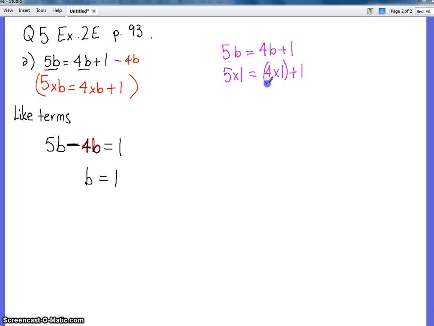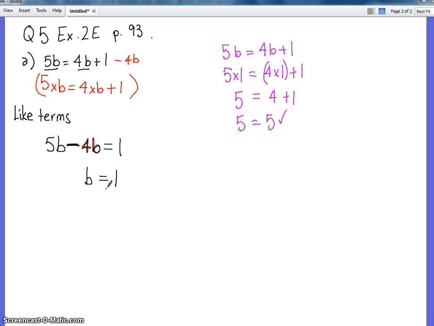BEDMAS says we do this first. 4 times 1 is 4, plus 1 should equal 5 times 1, which is 5. Yes, it does. So you can see that we can check, and our first step is collecting like terms, and then solve for it.